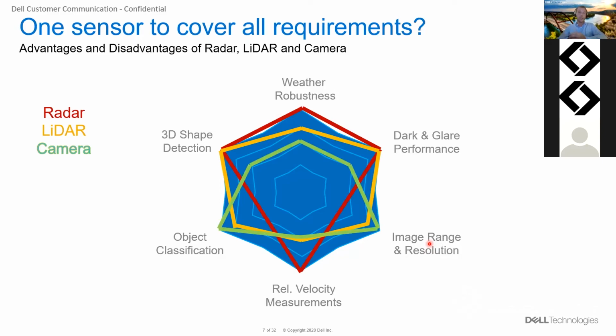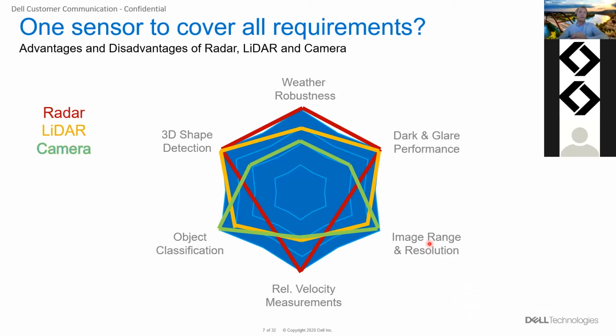And last but not least, we have the camera that complements the LiDAR and the radar in being superior in object classification and in detecting objects in different ranges and resolutions. But the camera is affected by different weather and environmental conditions.